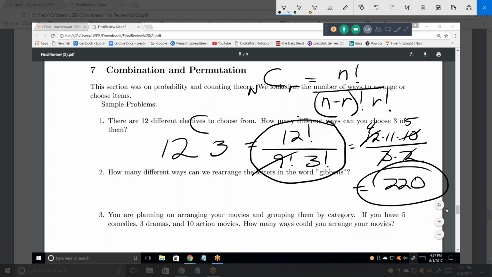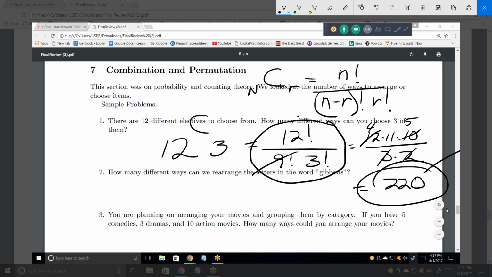In other words, let's say there were 12 items on the menu, and they said you get to pick any 3 of them. How many different meals could you pick? It would be 220. That's how many different meals you could arrange.